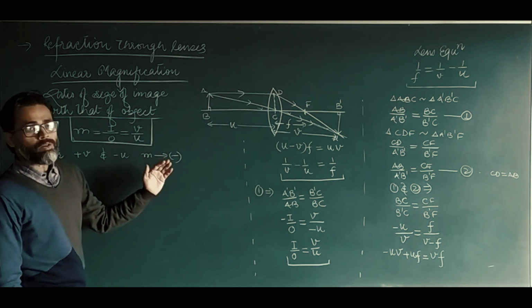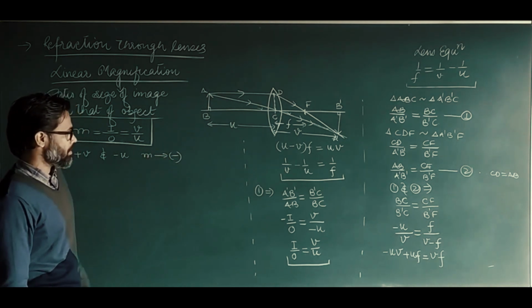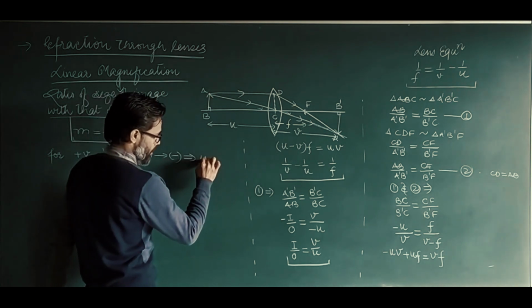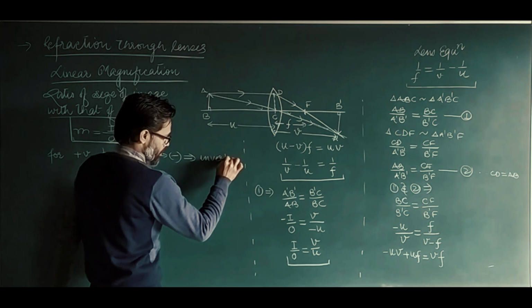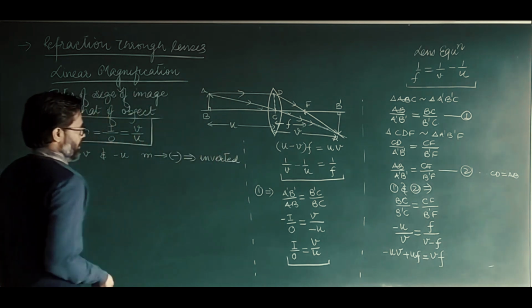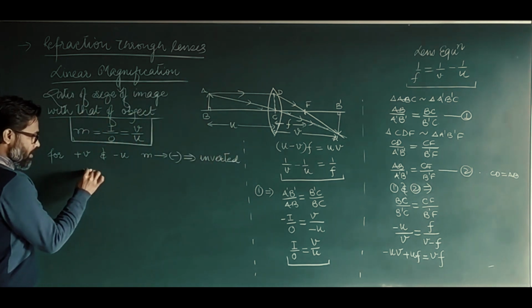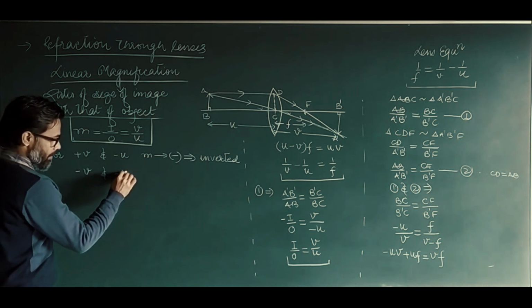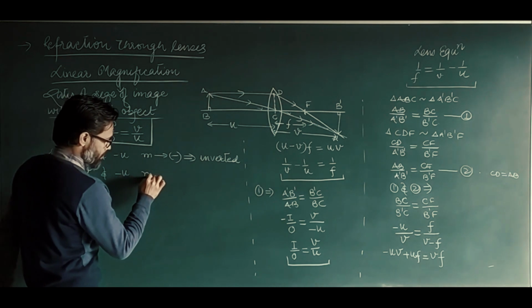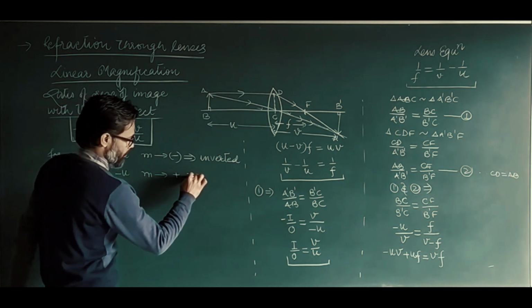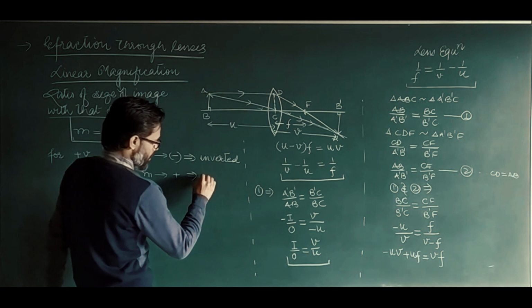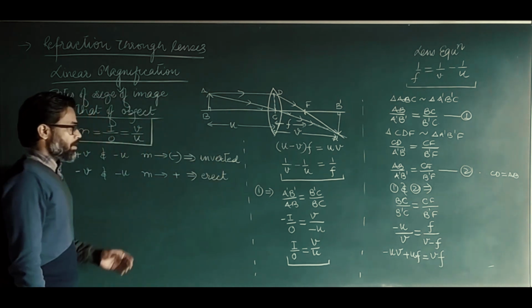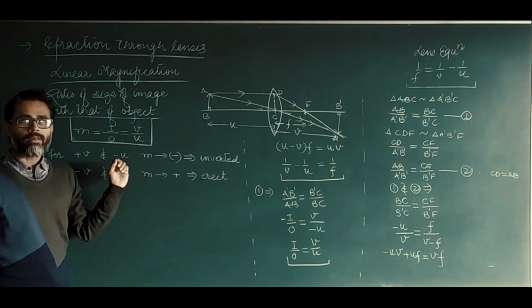The significance of this negative sign is that the image is inverted. If V is negative, U is already negative, and hence M will be positive, meaning the image is erect.